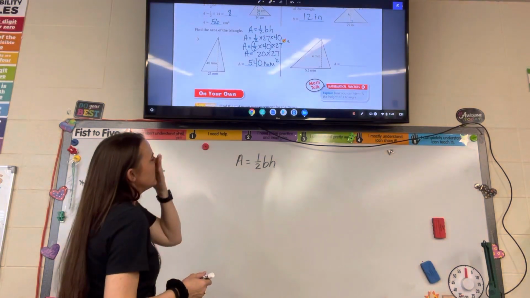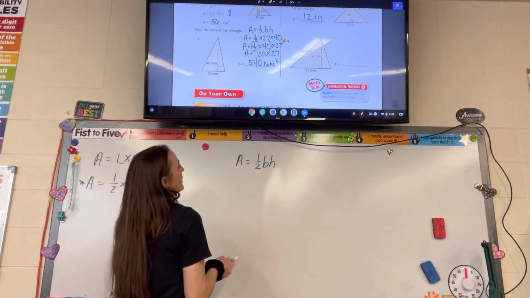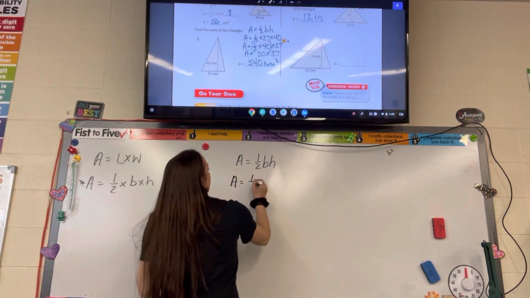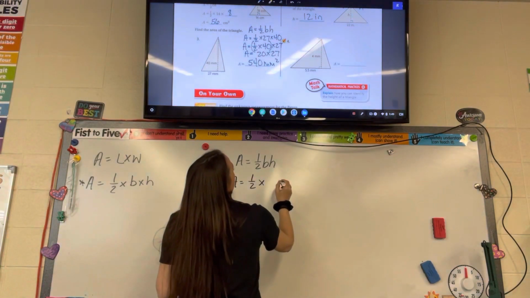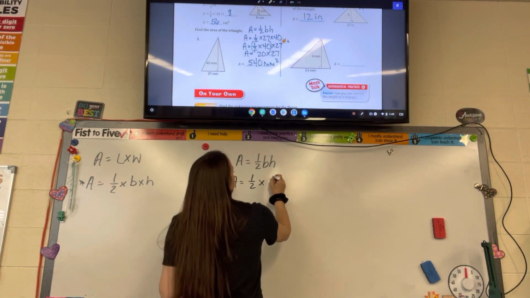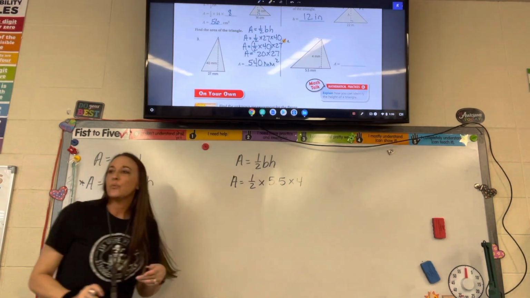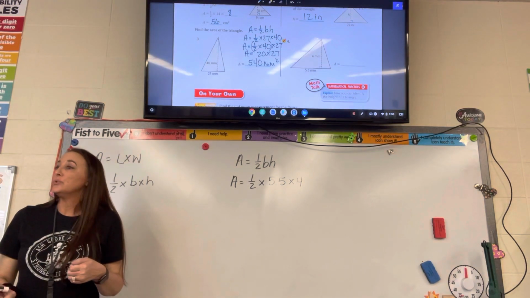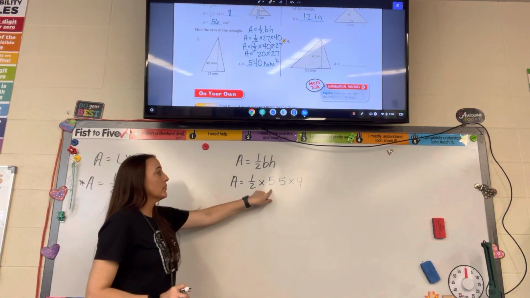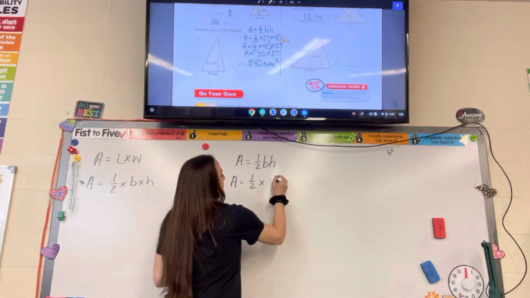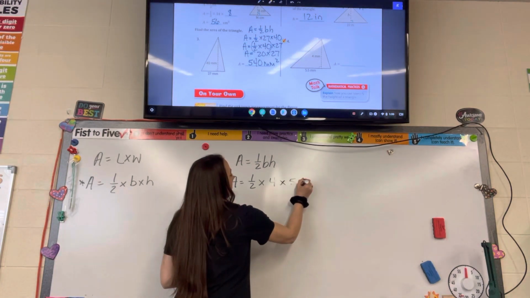On the next one, we've got to find the area again. So area equals 1/2 times base, 5.5, times height. This is another one that I would prefer to have the even number here. So I'm going to flip-flop and do 4 times 5.5.